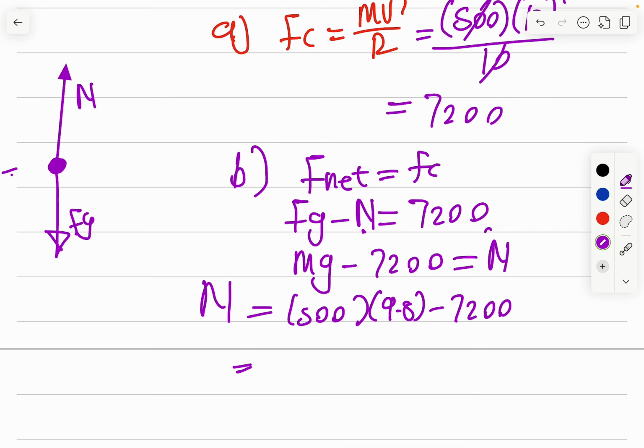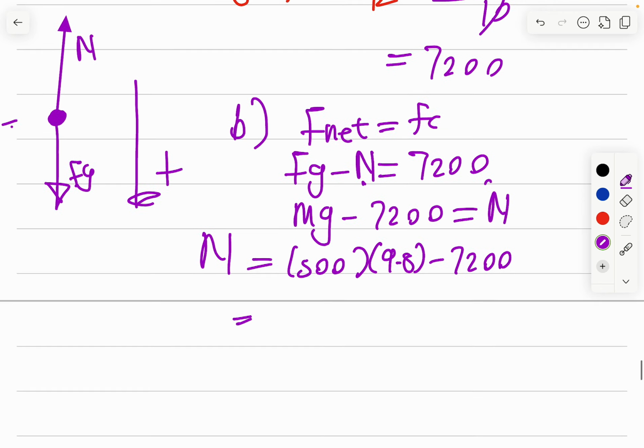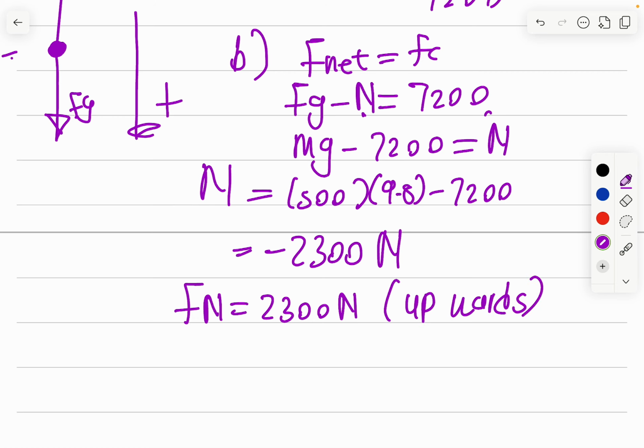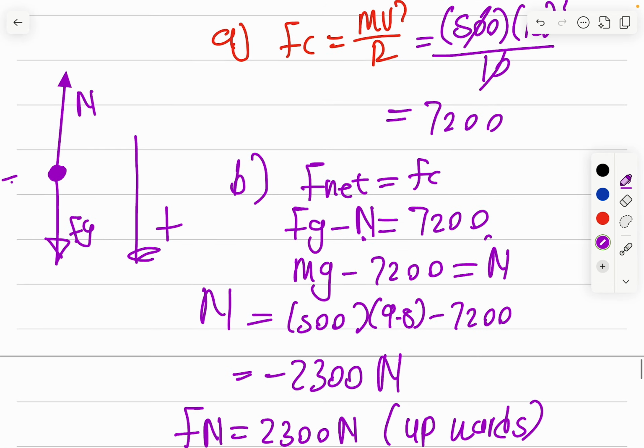Again, we chose downwards as positive. It's going to be negative 2,300 newtons. It's opposing. So we tell them that the normal force equals 2,300 newtons, where upward is the vector, since it is opposing. It's like friction.